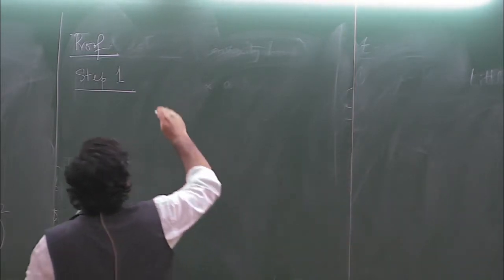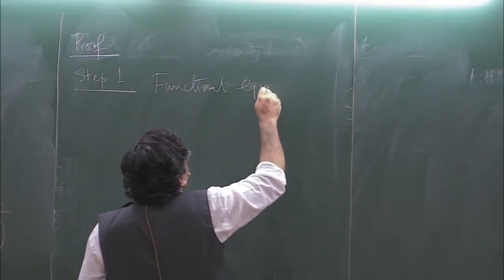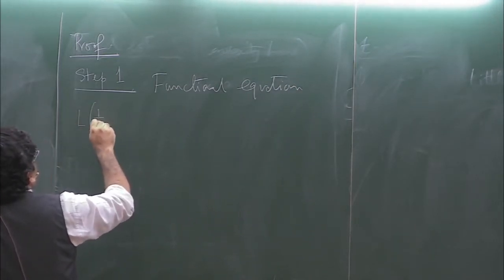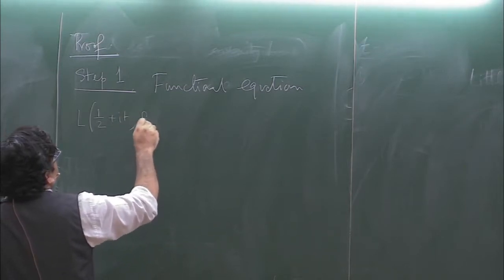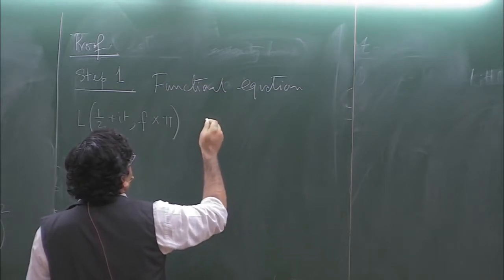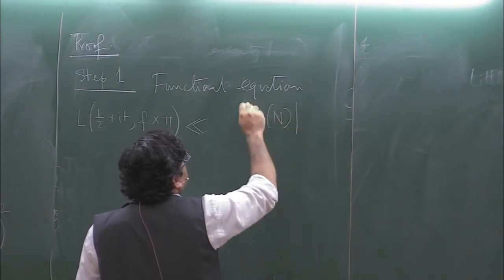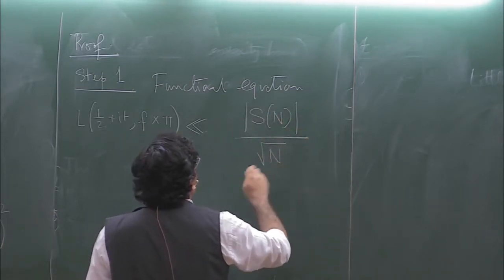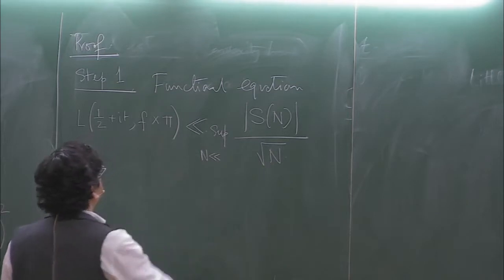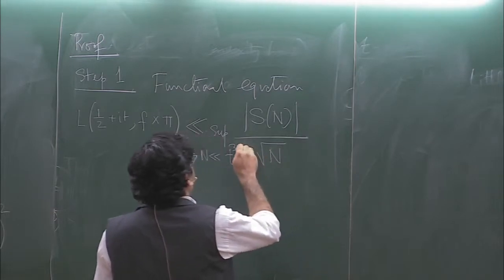Okay, so the functional equation says that L of half plus iT, f cross pi. To estimate this, we can write it as bounded by some sums Sn by square root of n. And here you take the supremum over n going up to, so the conductor was T to the power 6. So n will go up to square root of the conductor, T to the power 3 plus epsilon.